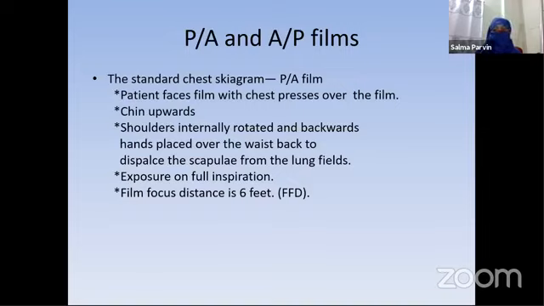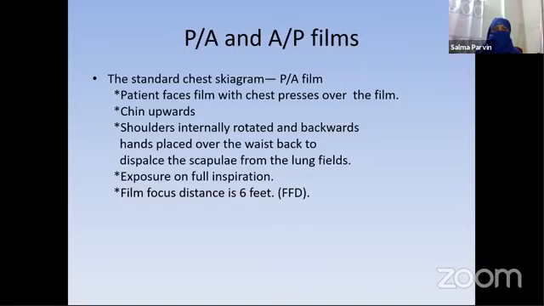We know that PA films are taken with the patient standing up, and most patients around stand up nicely and walk around in the chambers and almost everywhere in the hospital.